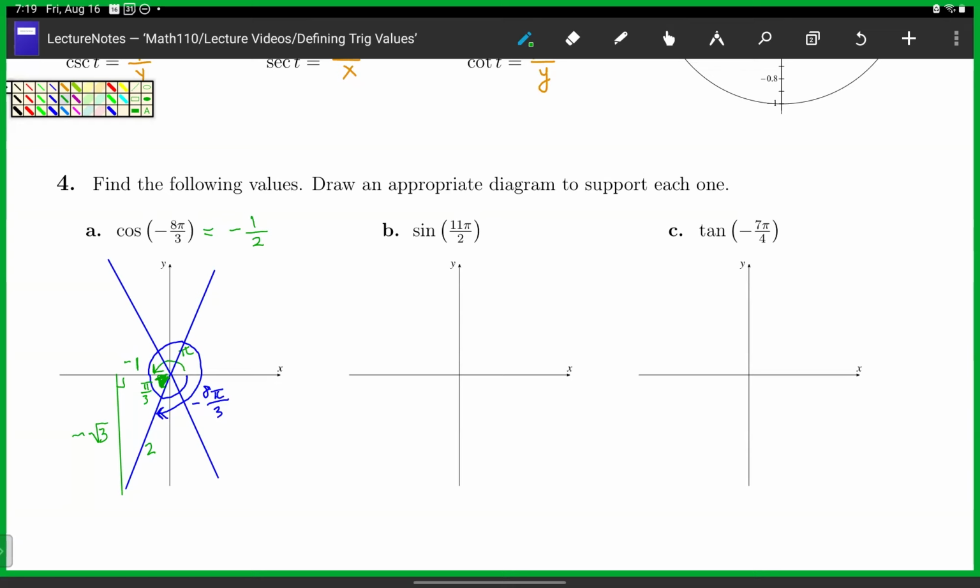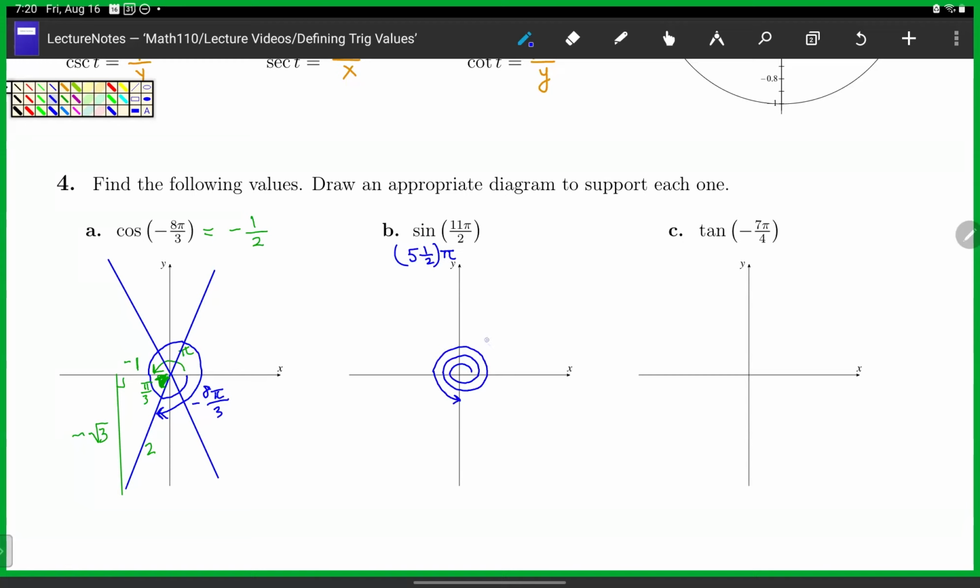Okay. Sine of 11 pi over 2. So I know that this is a pi over 2, and I need to do 11 of those. So 11 halves is 5.5 pi's. So here's 1 pi, 2 pi, 3 pi, 4 pi, 5 pi, and another half pi.